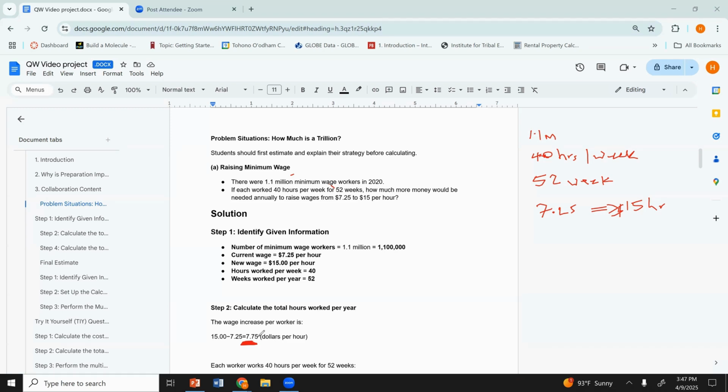We have 1.1 million people that we need to pay this 7.75 per hour in order to raise their wages.